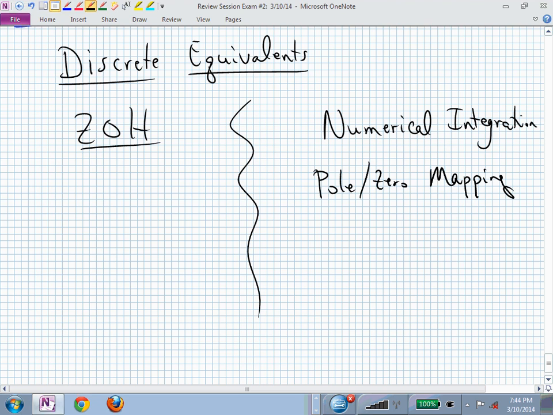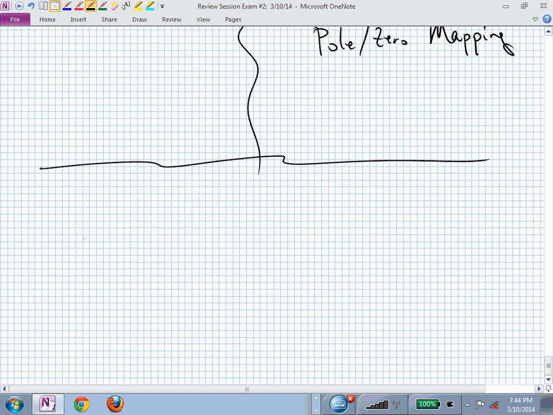Both of these sides can be done either in the transform domain or in a state space representation. There are really three different strategies, but two of those are in the same area or type. Let's look at the zero order holds first.